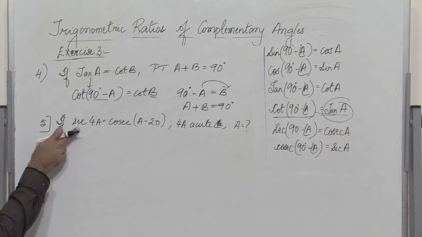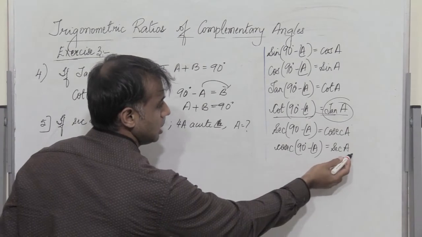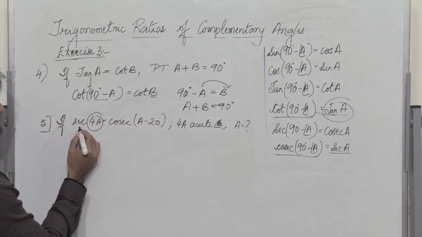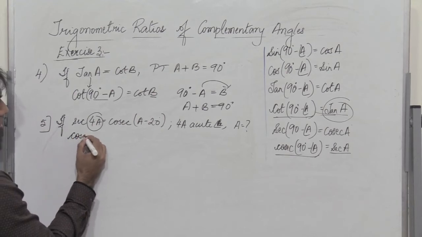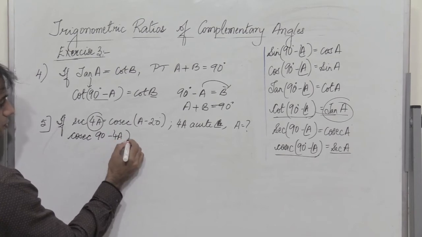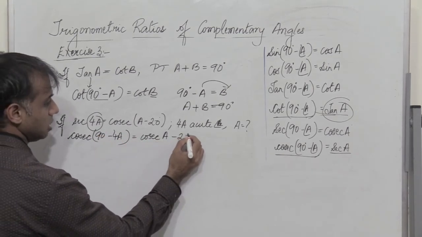Secant can be converted to cosecant. We know that secant A is cosecant of 90 minus A. So instead of A I have 4A. I can write this as cosecant of 90 minus 4A equals cosecant of A minus 20 degrees.